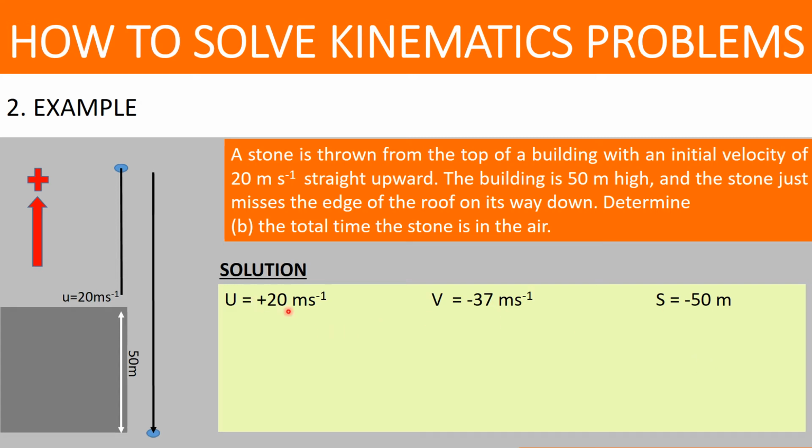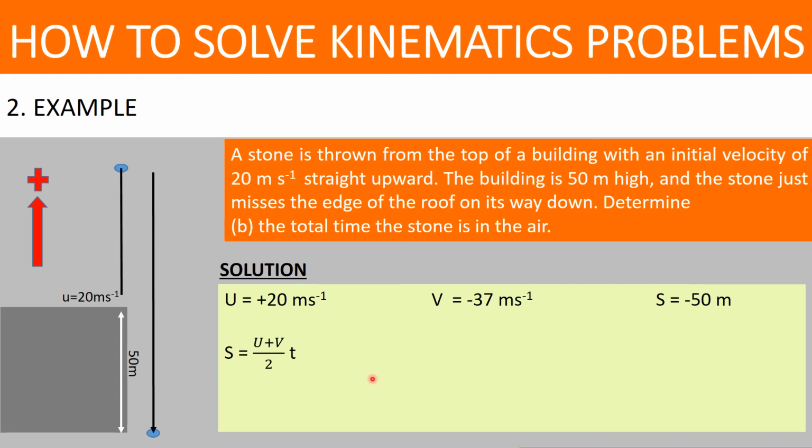So you're given u, v, and s. So then you ask yourself, what is the most appropriate formula to use to calculate the time? Well, it turns out that this is the best formula. Why do I choose this formula? Because I know u, I know v, I know s, but I'm going to find t, which is the fourth unknown quantity. The other three quantities are all known.